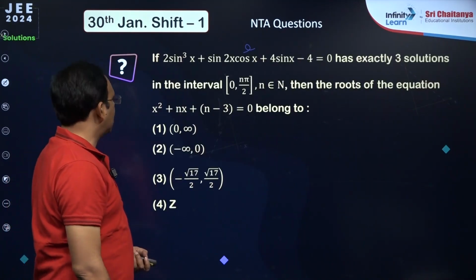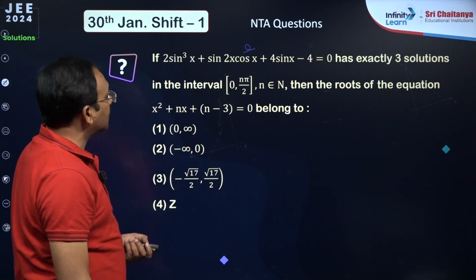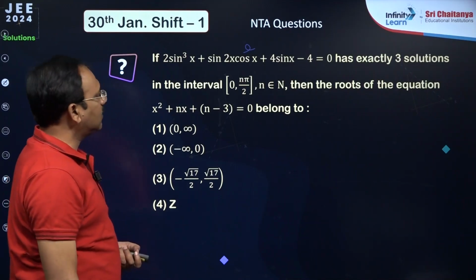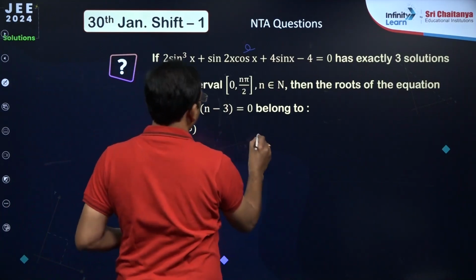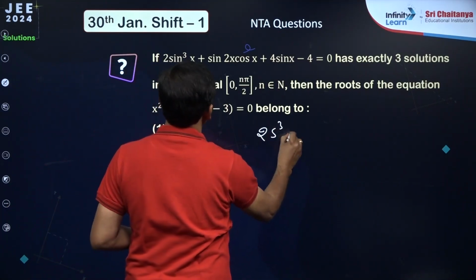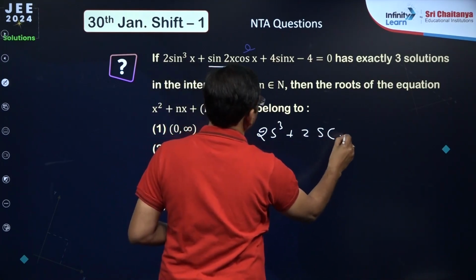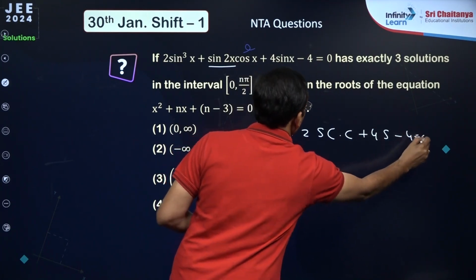Next, dear students, you see, this is the trigonometric equation given, has exactly 3 solutions in the interval closed 0 to n pi by 2, then the roots of the equation, he said. And here, you just try to simplify this. This is 2 sine cube x, sine 2x you can write 2 sine x cos x into cos x plus 4 sine x minus 4 equal to 0.